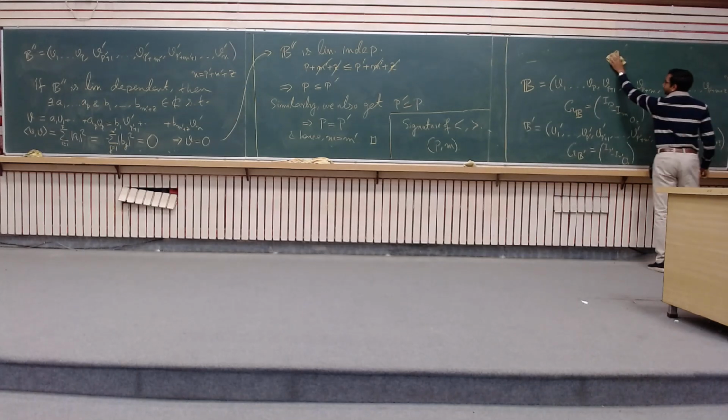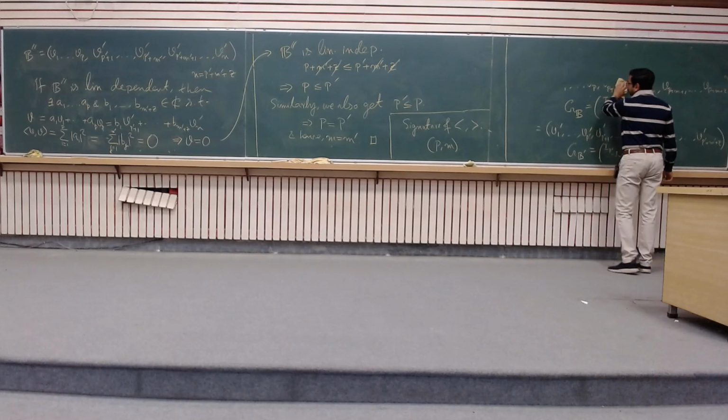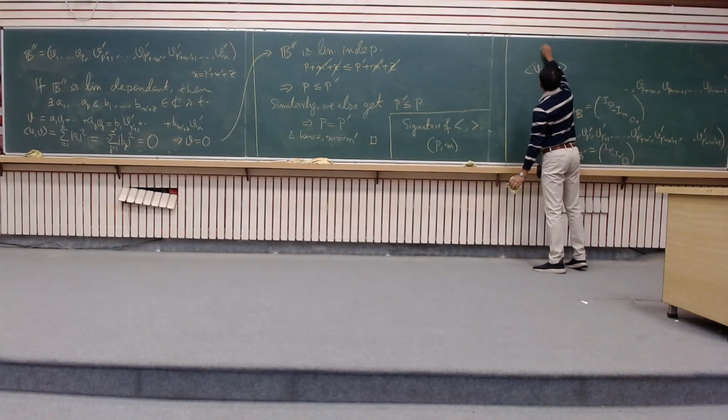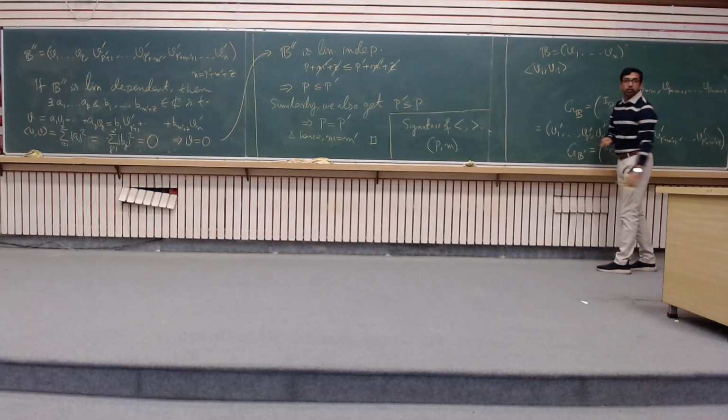So in particular, if you are given an orthogonal basis, it's quite easy to get the signature. Just check the signs of these ones. Suppose V1 dot dot dot Vn is an orthogonal basis.